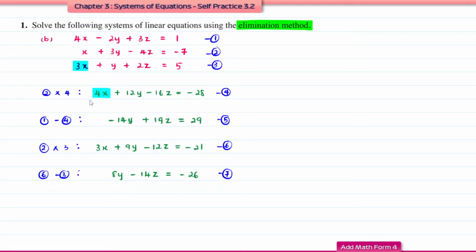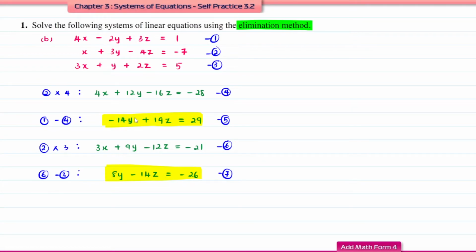So now, let us focus on equations 5 and 7. As both of these equations have already eliminated the x, they only contain 2 variables. Next we can solve equations 5 and 7 using simultaneous linear equations.